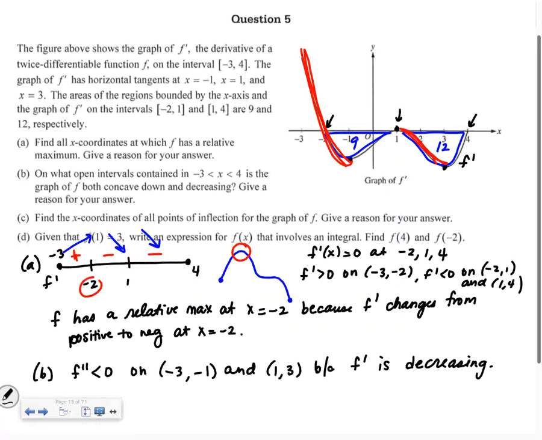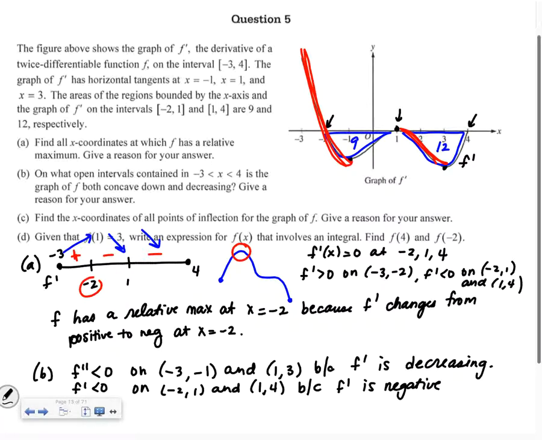And then where is it decreasing? f prime is less than 0 on, so that goes back to our sign chart above, -2 to 1 and 1 to 4. And why is that? Because this graph that we have of f prime is below the axis, or f prime is negative. It has negative y values there.